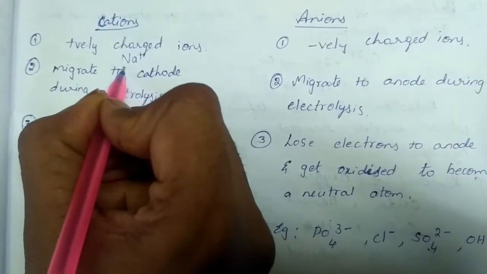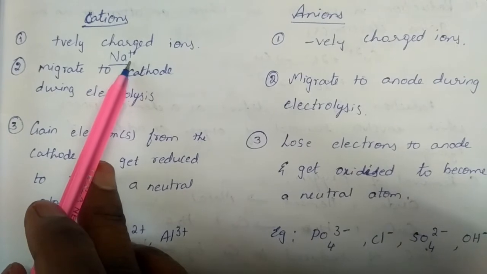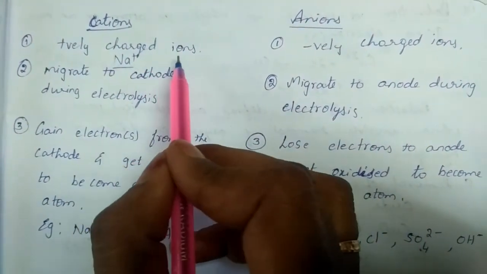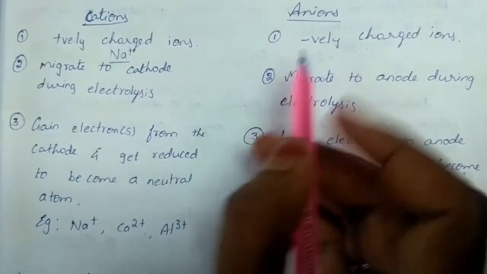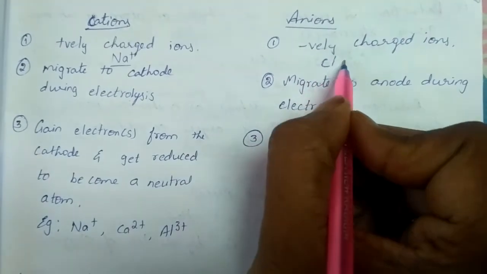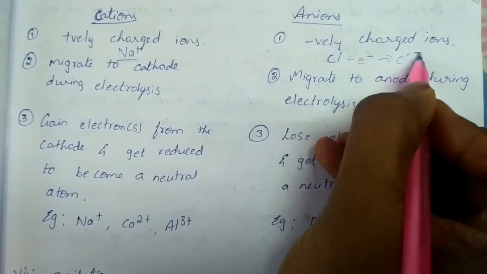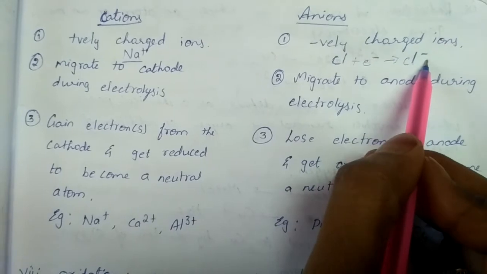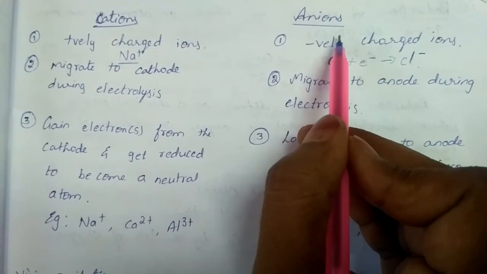That means sodium has lost one electron, that's why it has become positively charged, and that positively charged particle is called a cation. And if you go for chlorine, chlorine is ready to accept one electron and form Cl-. As chlorine is getting a negative charge, this negatively charged particle is called an anion.